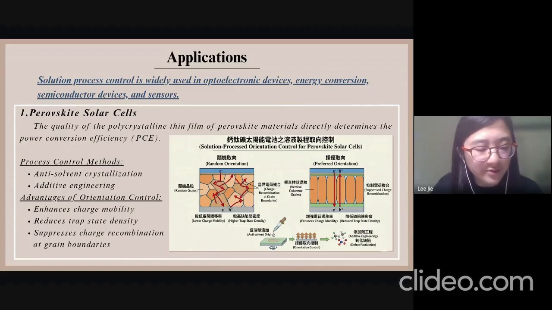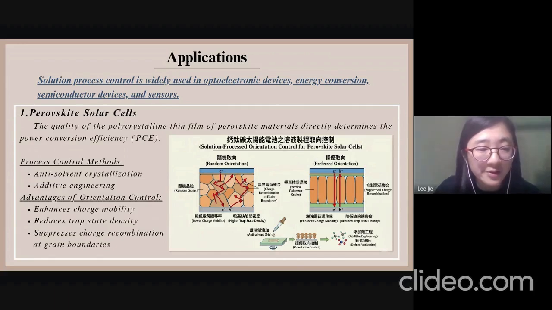Anti-solvent crystallization: dripping an anti-solvent during the spin coating to induce rapid and uniform localized supersaturation, and additive engineering, such as adding molecules like DNDBS to regulate crystallization kinetics.